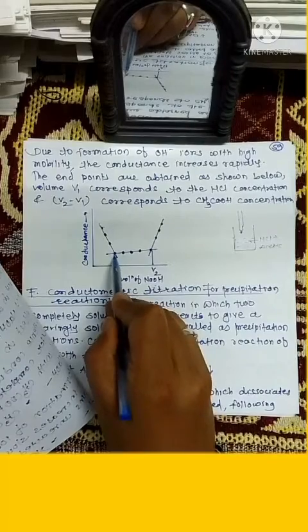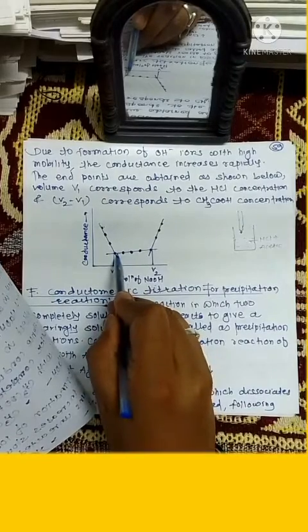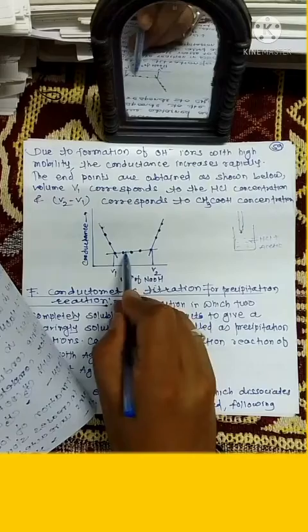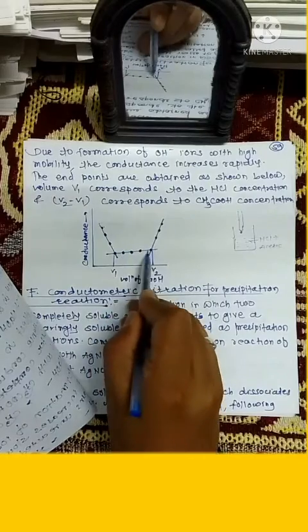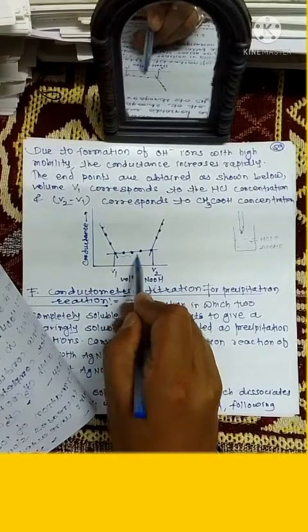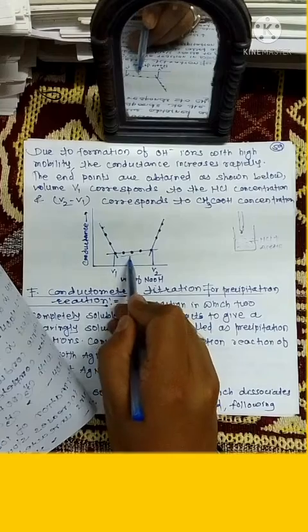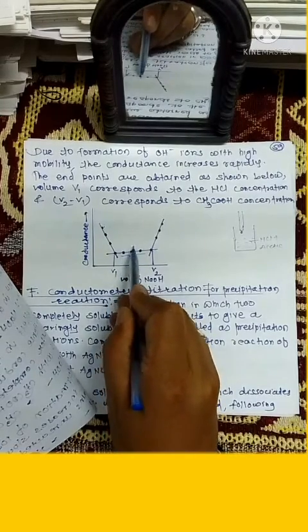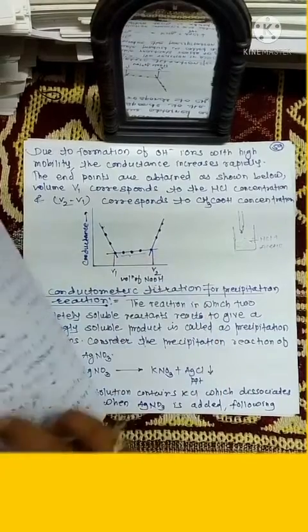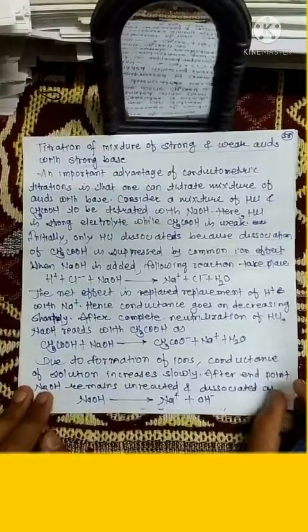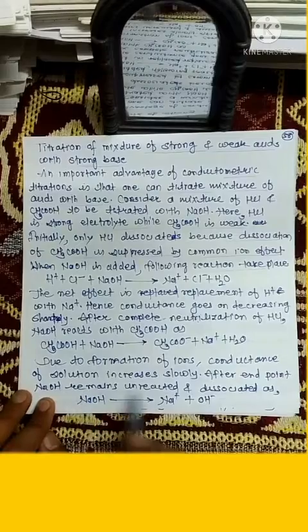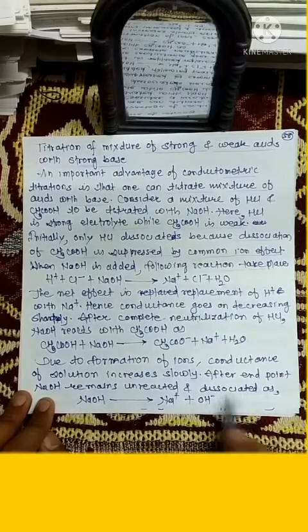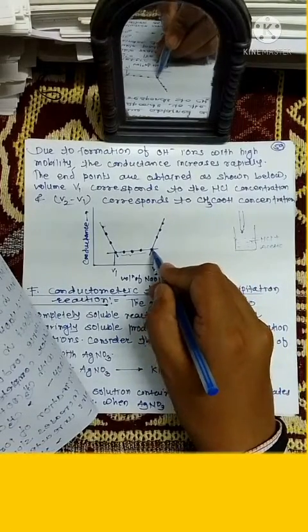After this end point, NaOH has reacted with acetic acid. This line suggests the reaction of NaOH with acetic acid. After the end point, NaOH remains unreacted and dissociated as Na+ and OH-. So this is your second end point.